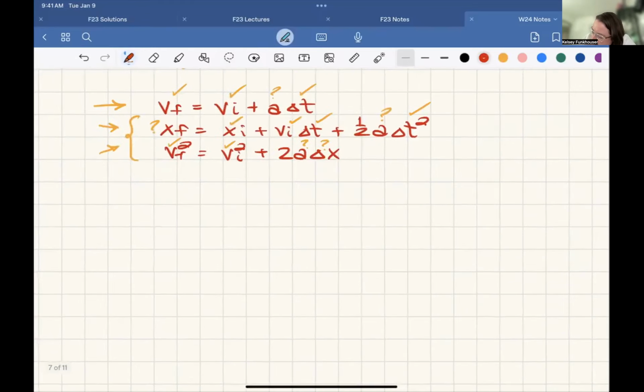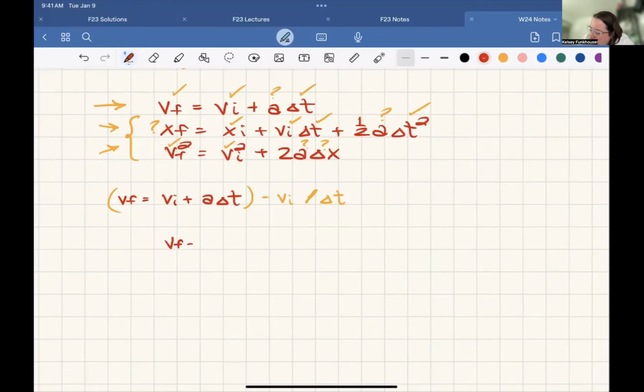Find our acceleration. V final is V initial plus acceleration times the time interval. And we can just do some algebra where we subtract V initial from both sides and divide both sides by the time interval to get acceleration by itself.